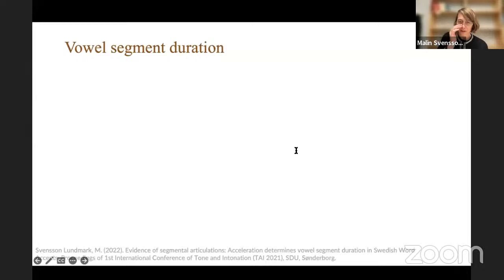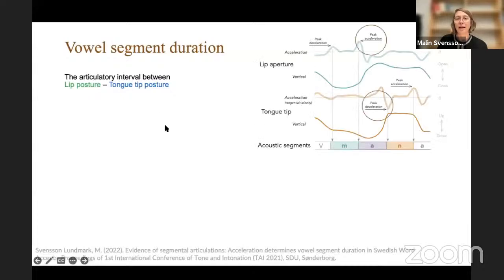So here we have some results on the distance between an acceleration peak on a lip posture, so that's peak acceleration on the lips, and then a deceleration peak on the tongue tip posture. What I've done is compare the vowel segment duration to this interval, an articulatory interval measured between these 2 points.